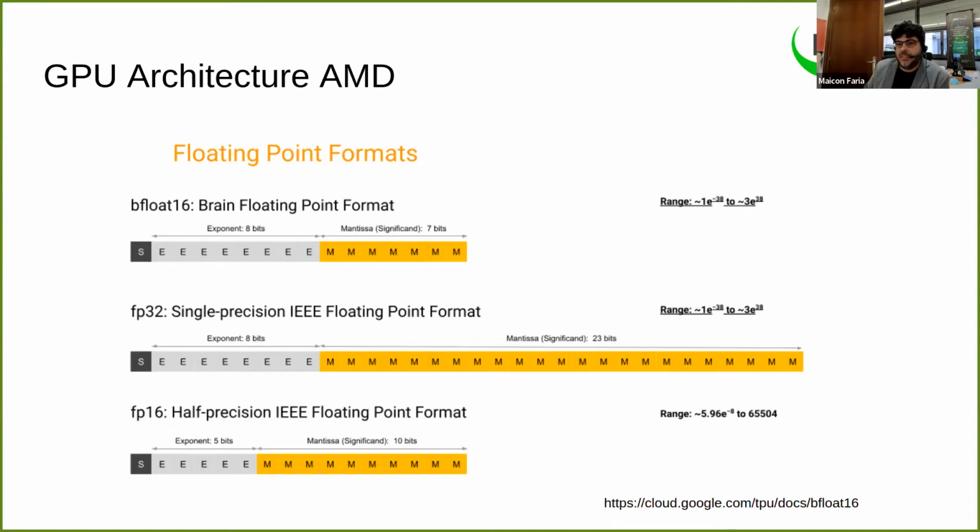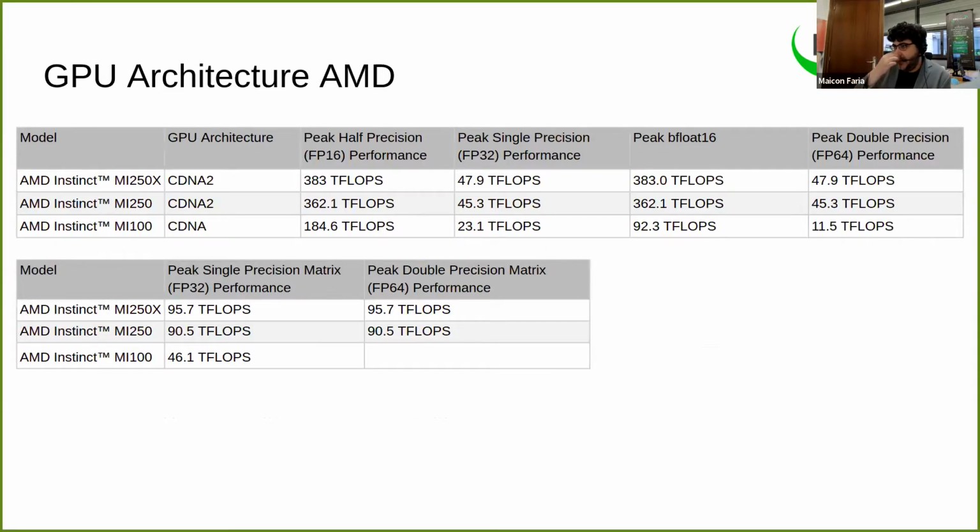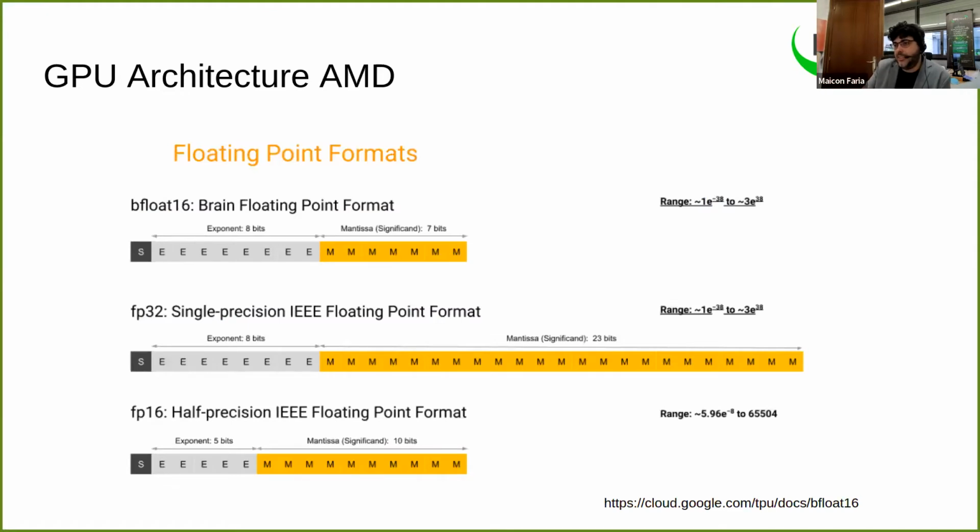This kind of effort is good to serve all the different communities that will take advantage of these GPUs. Just to comment, the difference is that some applications need more precision, others not that much exponent range. So you can move from one to the other depending on the kind of application, the kind of simulation that we are trying to do.